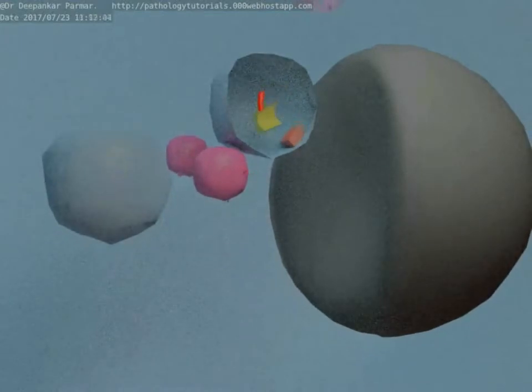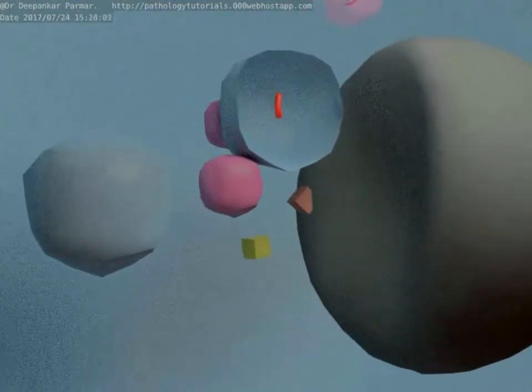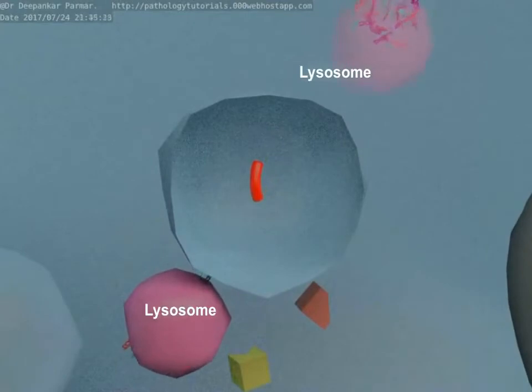In the third step, we can see that opsonin detaches from the bacteria and is released out of the phagosome, and then the phagosome gets surrounded by the lysosomes.